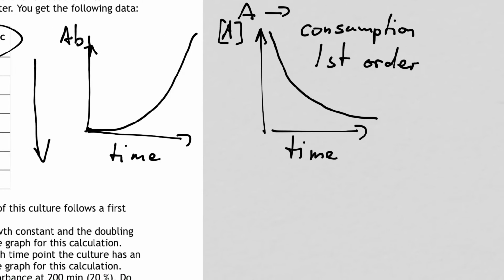Now we have the growth of something. What can we do? How did we say we could show that something like that here is actually a first-order reaction? Can you remember what we plotted? We said, okay, it's a first-order reaction, and what do we need to do in order to get away from this curve?